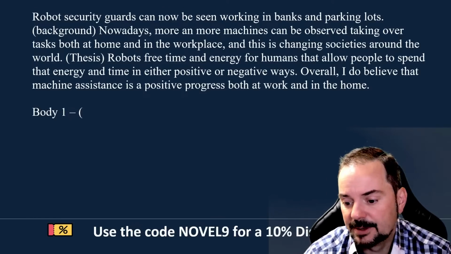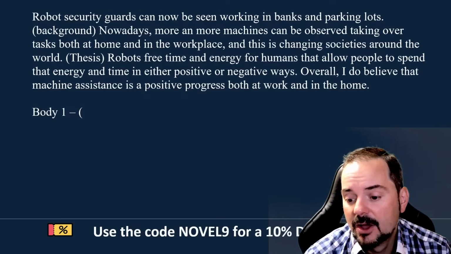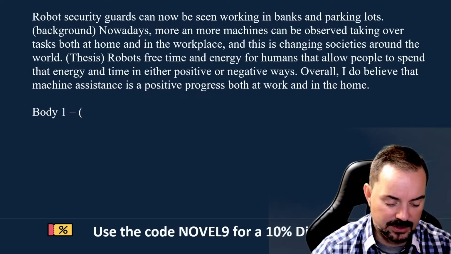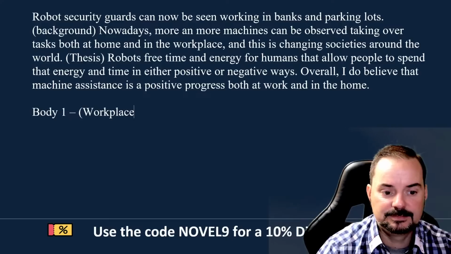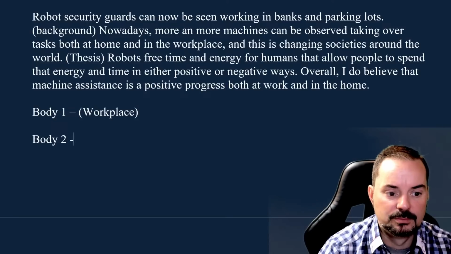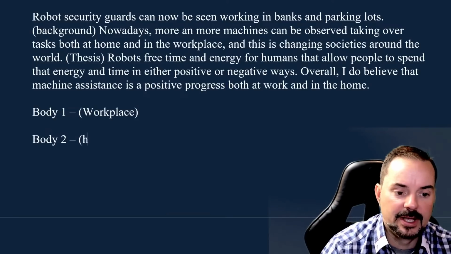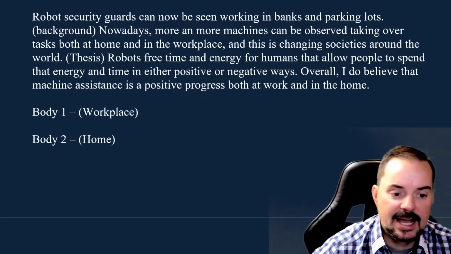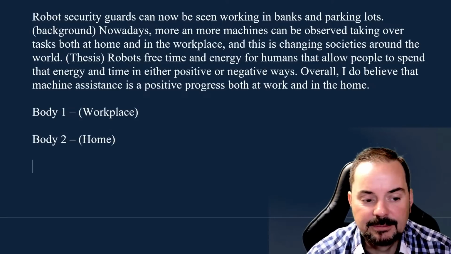Angel says you could write about the workplace. We could, Angel. We could definitely write about the workplace. So we could write body 1 about the workplace, and then body 2 about the home. Right? Absolutely, Angel, we could do it in that way.